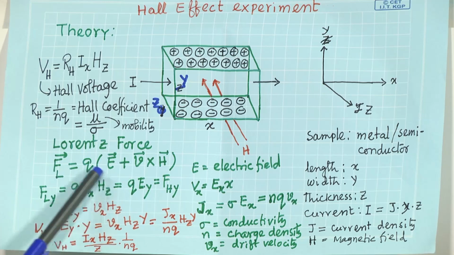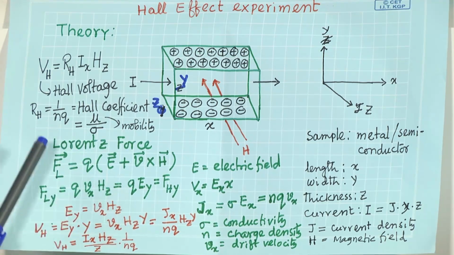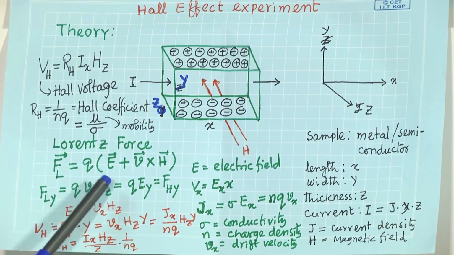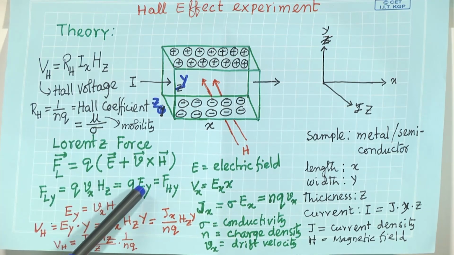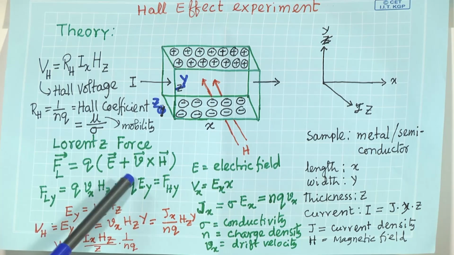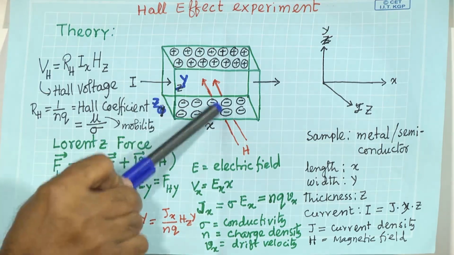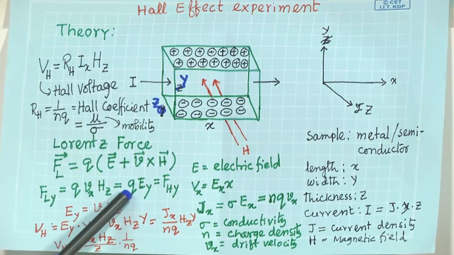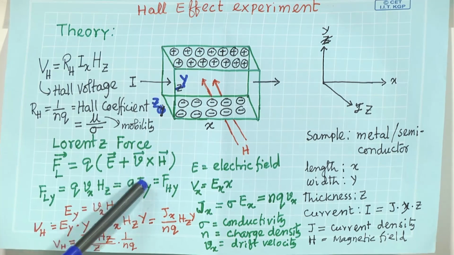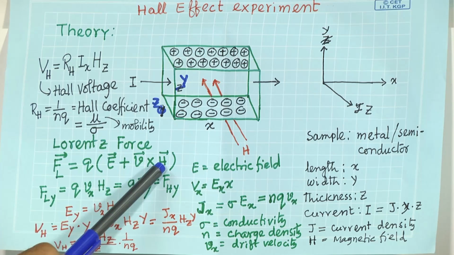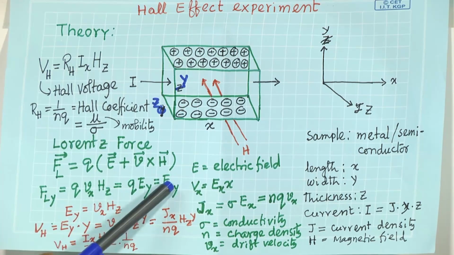This is the Lorentz force due to the magnetic field along the y direction. This force will be balanced by the force coming from the Hall voltage or Hall electric field along the y direction. So that is QEy. This is the Hall force FHy along the y direction.